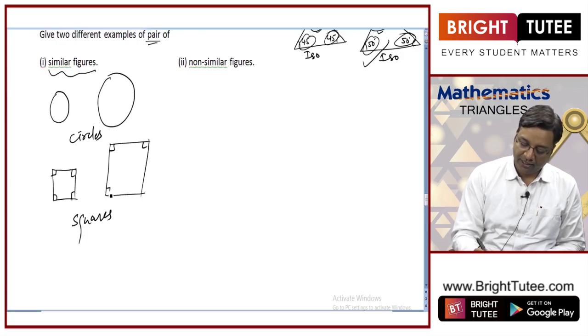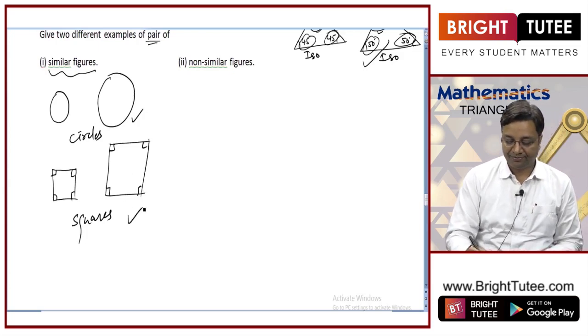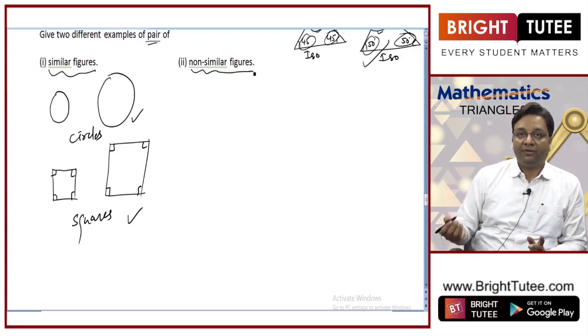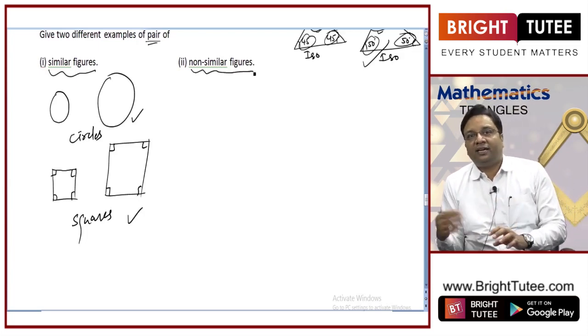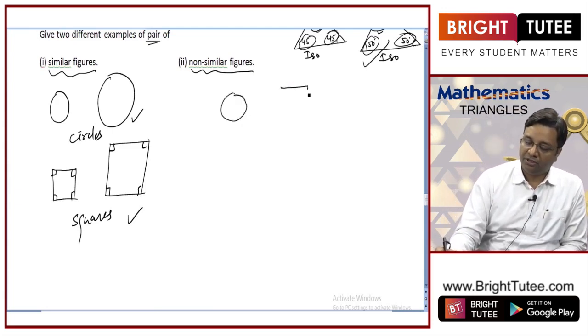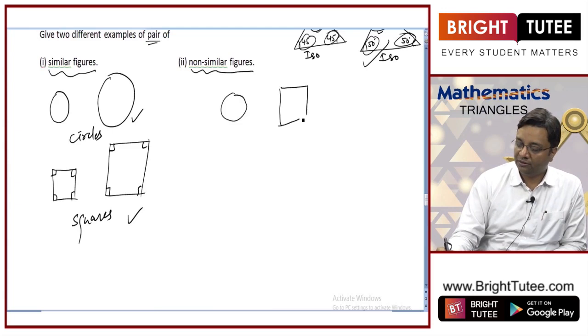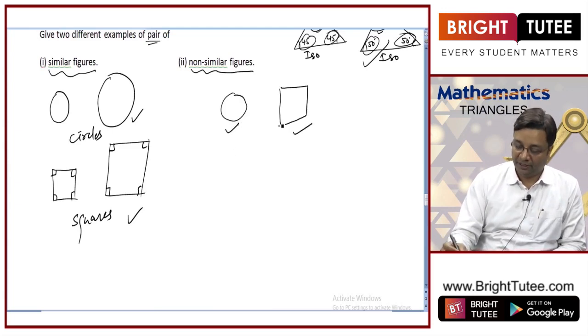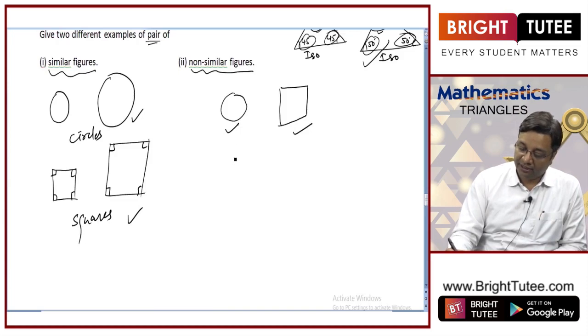So, these two are the examples of similar figures, okay. For non-similar figures, we can take two entirely different geometrical shapes. For example, a circle cannot be similar to a polygon or a quadrilateral. So, these two are non-similar.